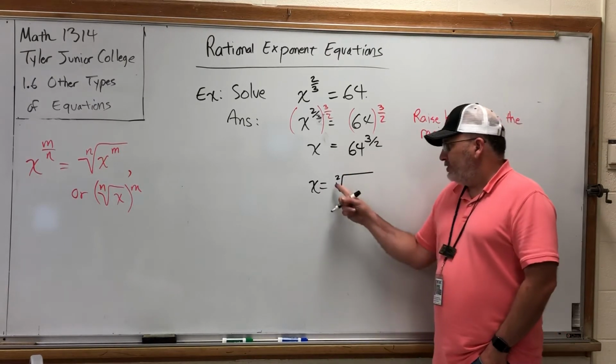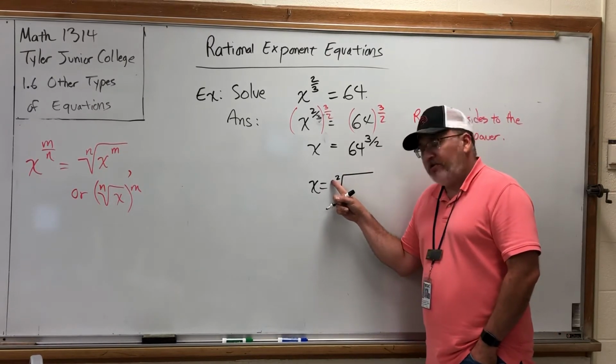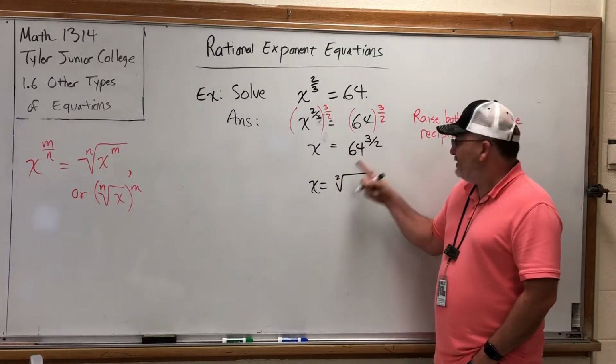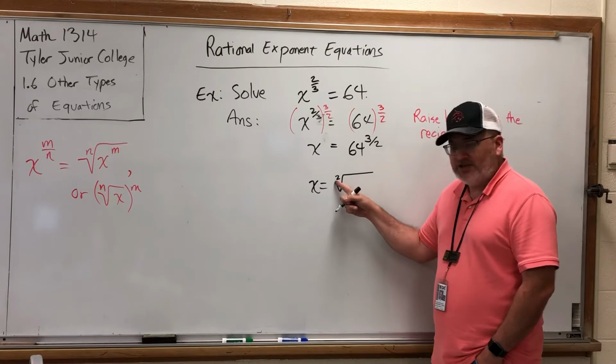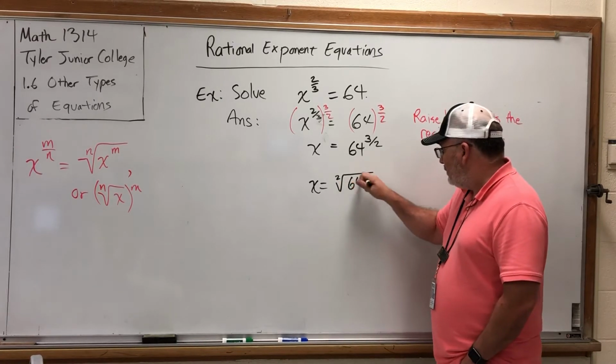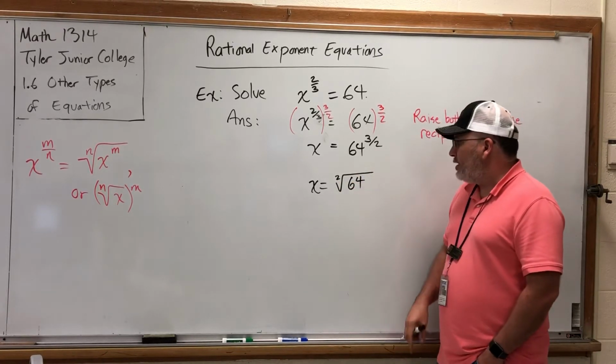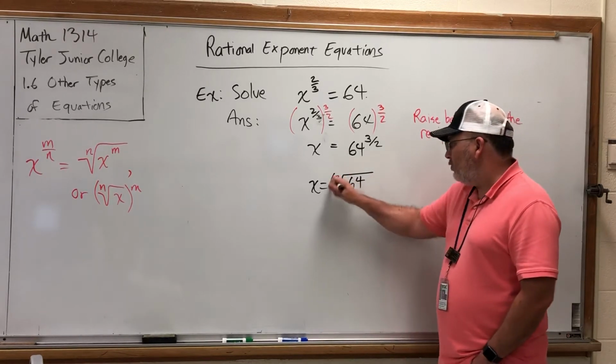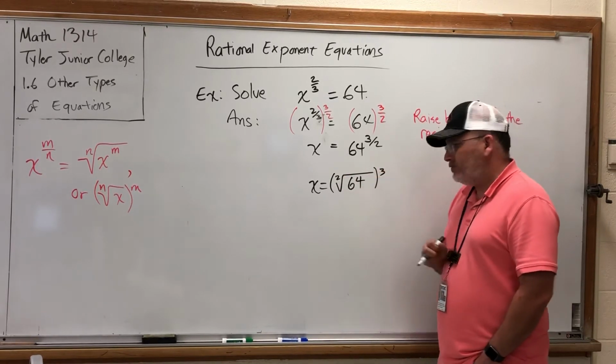In a square root, the implied index is 2. It's rarely written, but I'm going to write it for emphasis here to emphasize that the denominator dictates the index in the radical. And the numerator, 3, represents a power. And we can put it on the 64 or we can put it afterwards. I choose to put it afterwards.